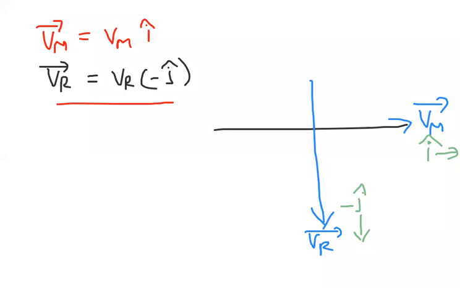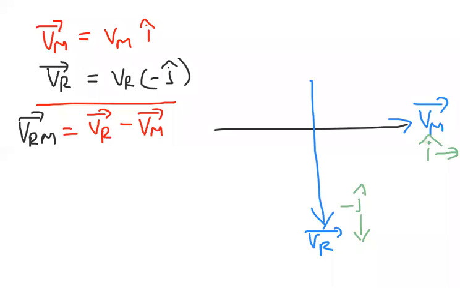But what I want is the relative velocity of rain with respect to man. So we know that the man's velocity is subtracted. Why are we subtracting the man's velocity? Because the man is the observer. The man is observing the rain. So always the man is subtracted.